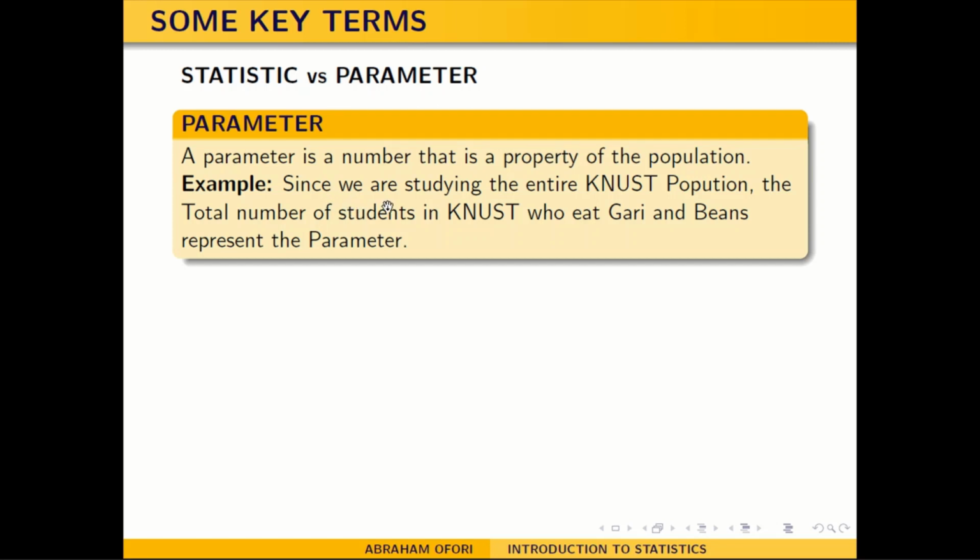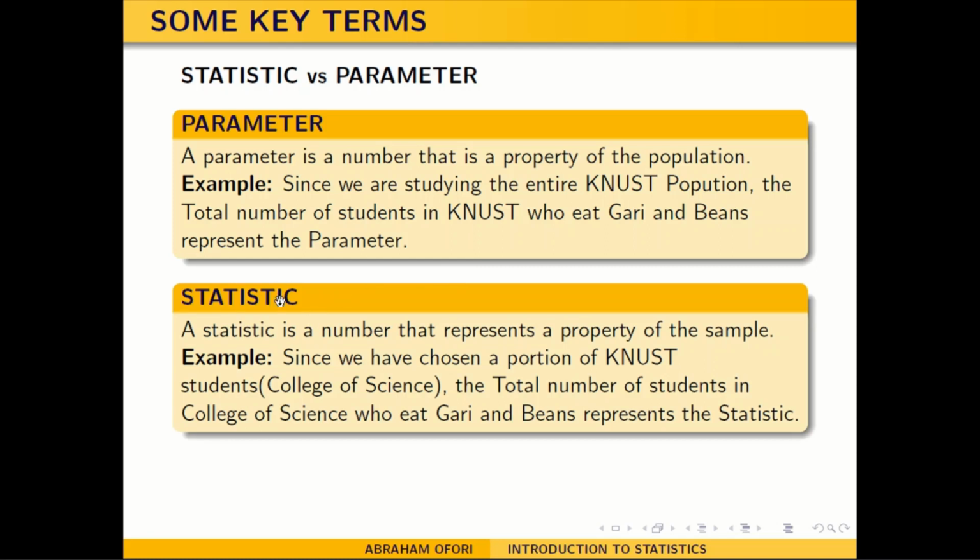Since we are interested in studying the entire population, the total number of students in Kenya University who eat gari and beans represent the parameter. So the total number of students in the whole of Kenya University. Okay, that is it.